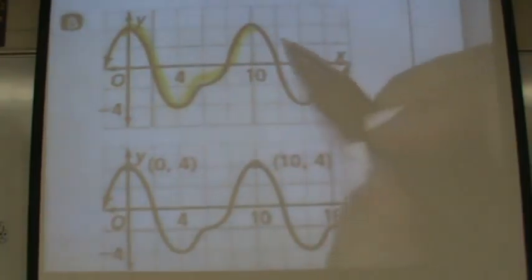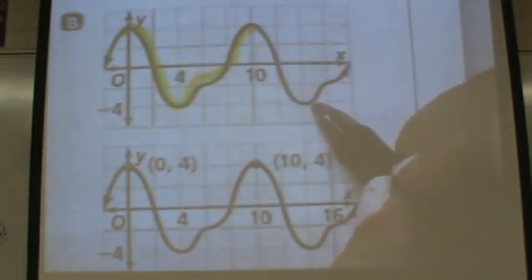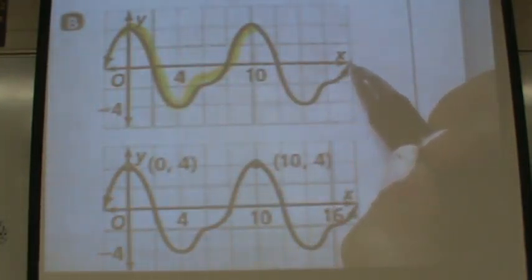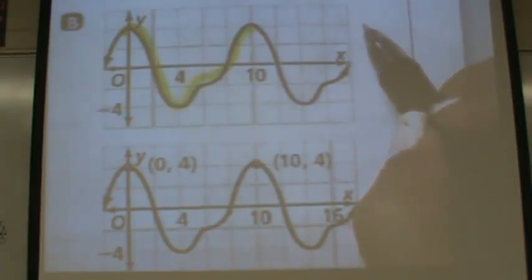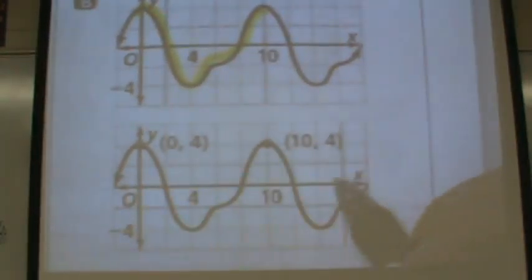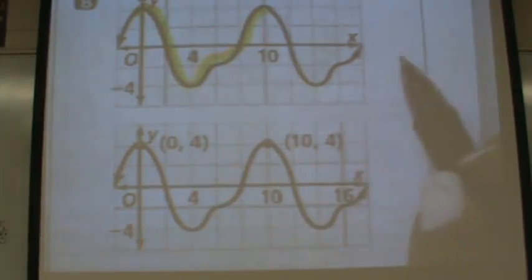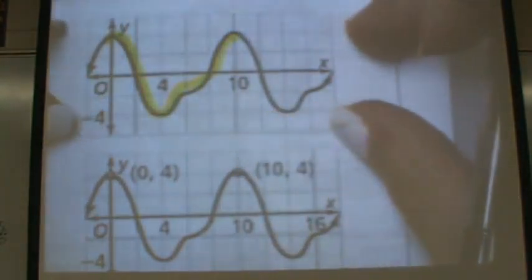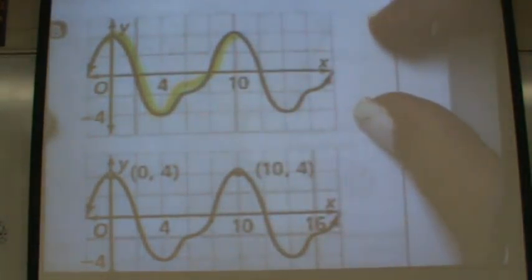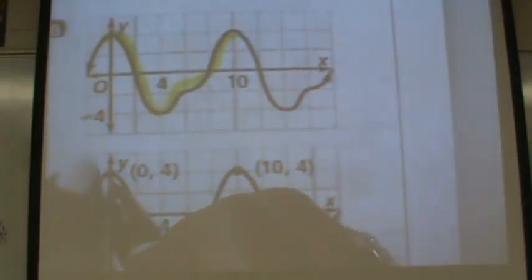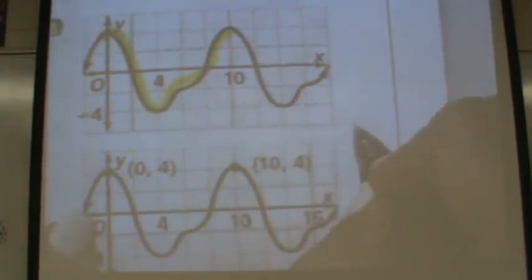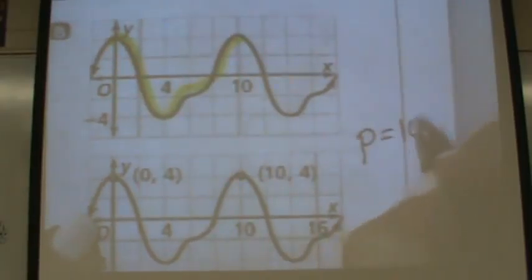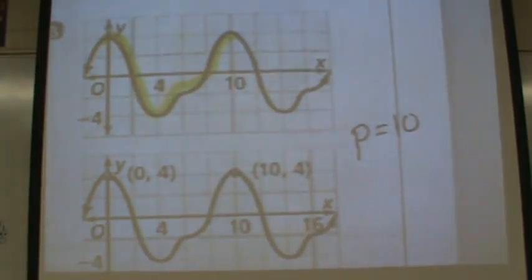Yeah, it is. It went down, and it did the same loopy thing, and went back up. It looks like it's going to go back up again. So this is periodic, because our change in y value is constant. Would that be 10? So, yes, to go from 0 to 10, our period is 10 units. Very good. Check out the next two.